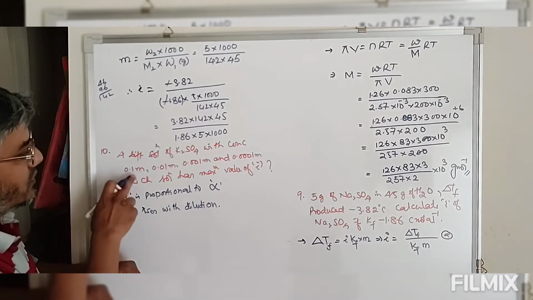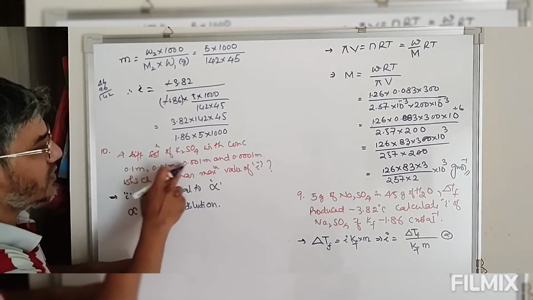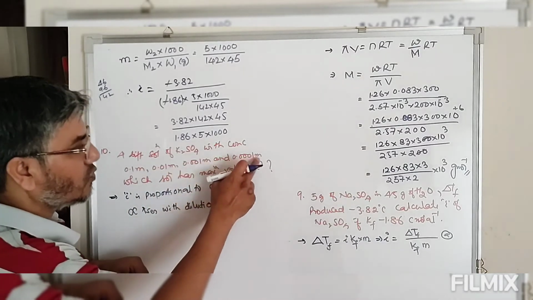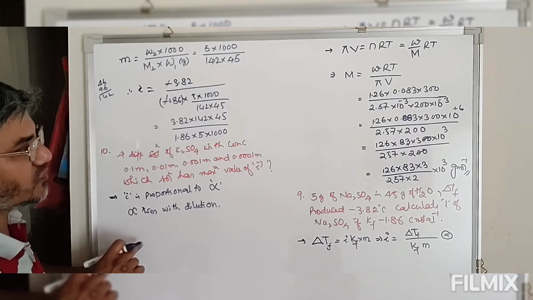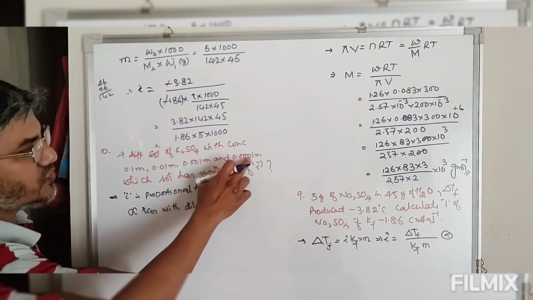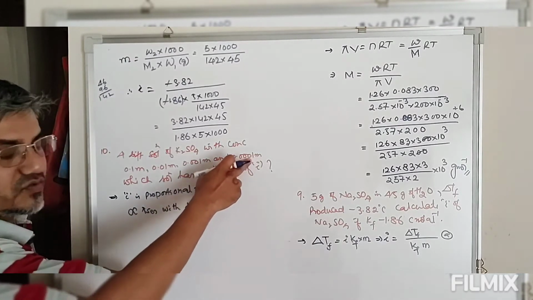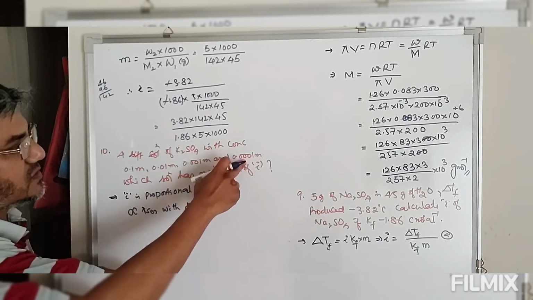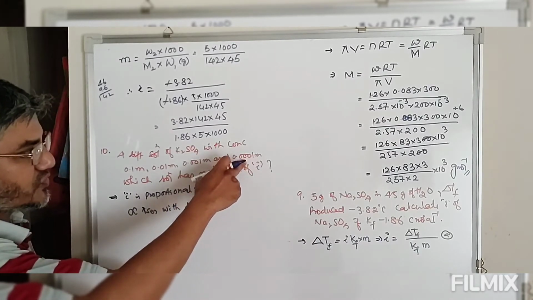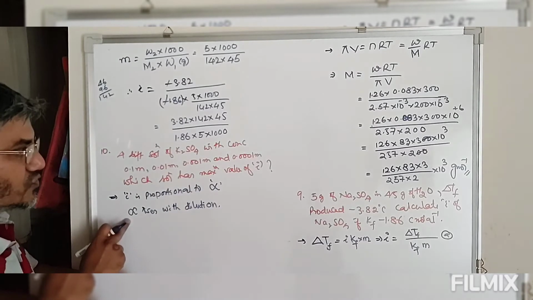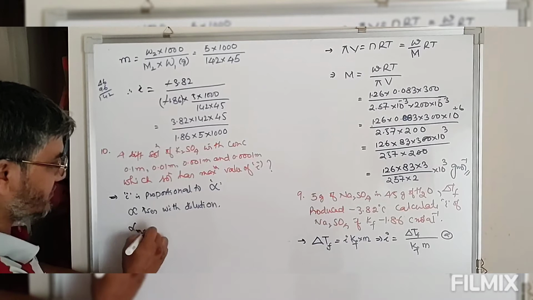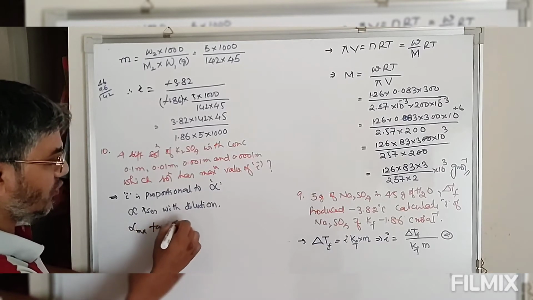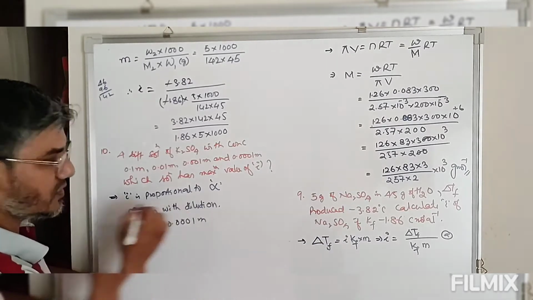Now look at this. We have 0.1, 0.01, 0.001, 0.0001 molar. The one having the least concentration is 0.0001 molar. So this is the most diluted form of the solution. Now since this is the dilute solution, alpha is maximum for this solution.